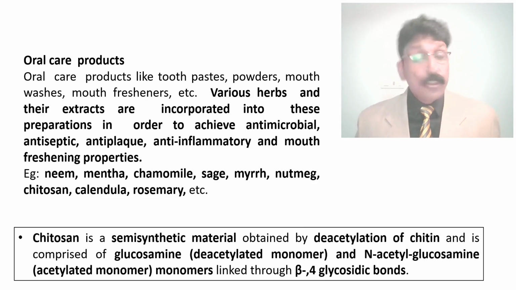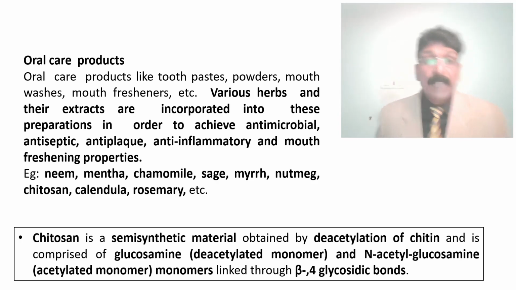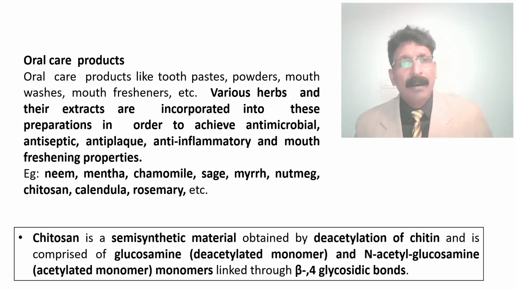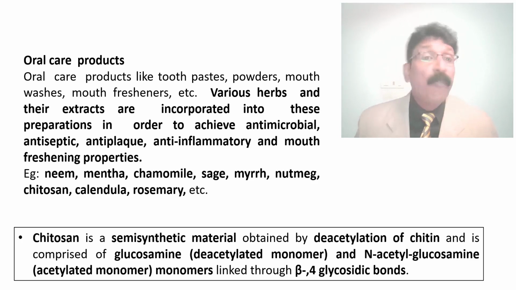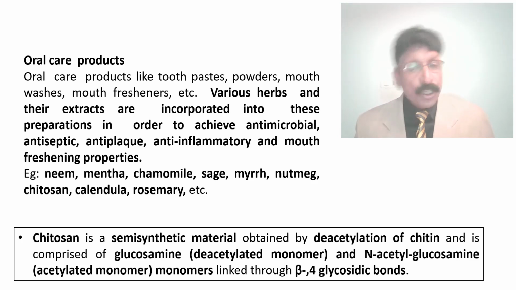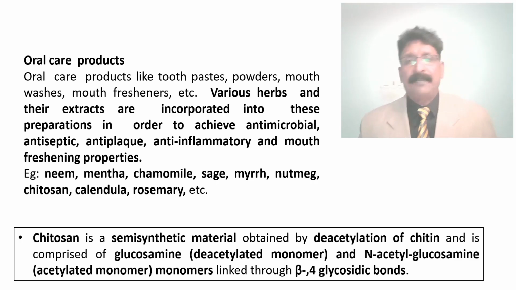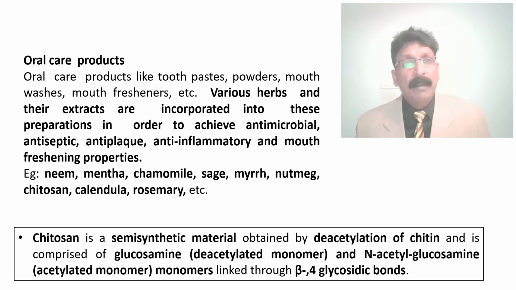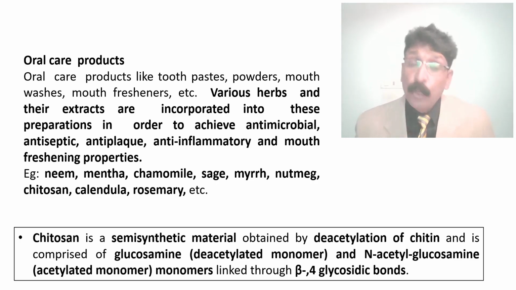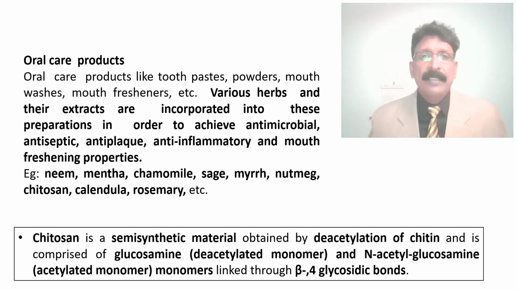So the student should know what chitin is, where it is present, and what its application is. As a pharmacist, it is needed to know. Others are flower names. What is chitosan? This is a semi-synthetic material obtained from deacetylation of chitin. Chitin is a natural product which has been deacetylated and is comprised of glucosamine.